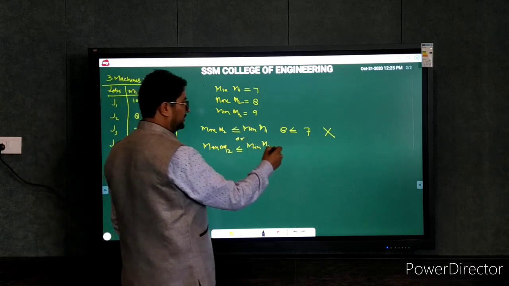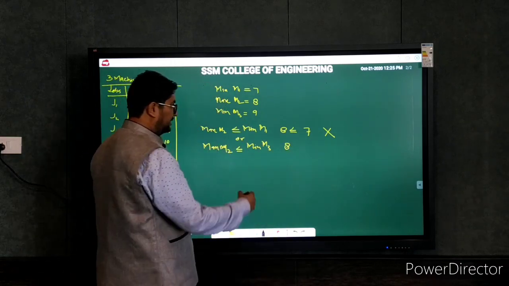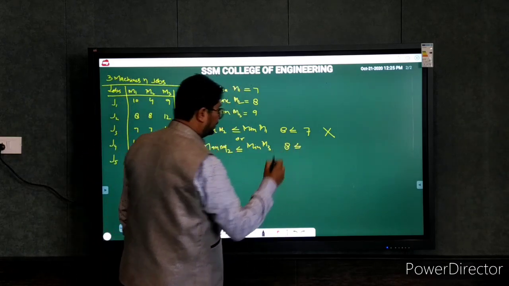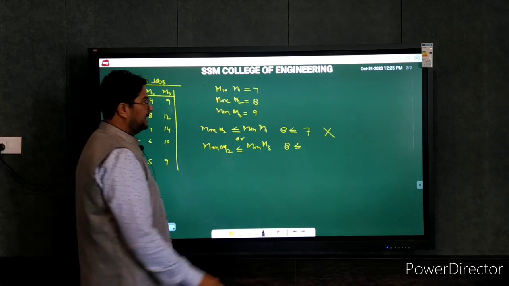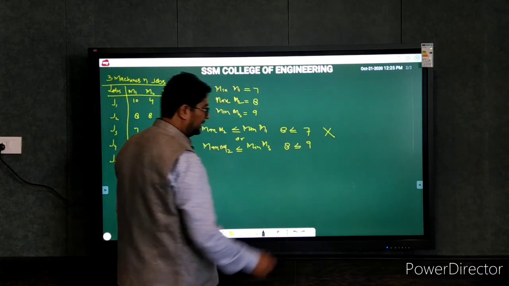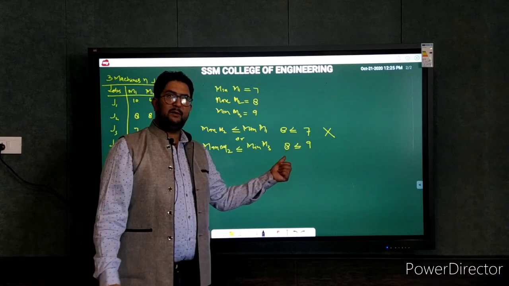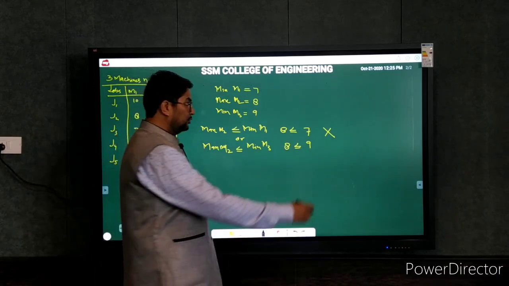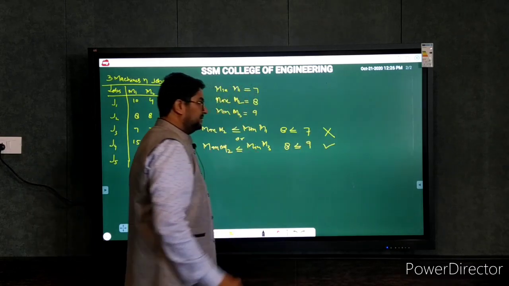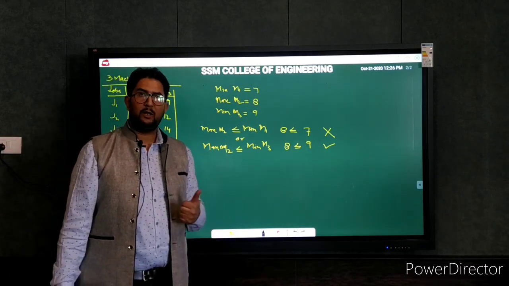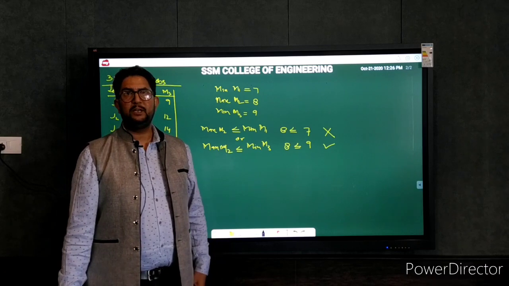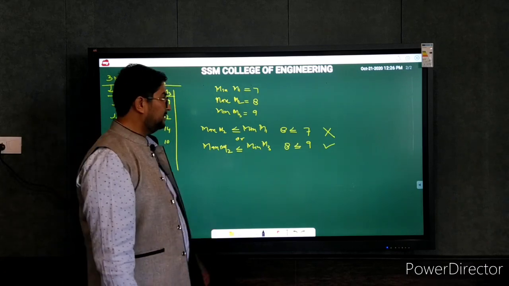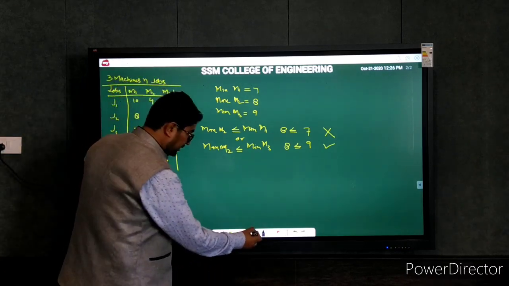Max of machine 2, that's 8, has to be less or equal to min of machine 3, that is 9. Is this statement correct? 8 is less or equal to 9? Yes, it's correct. So it has satisfied at least one of the conditions. Now we can proceed with the method given by Johnson.